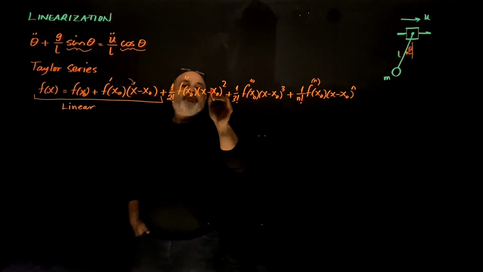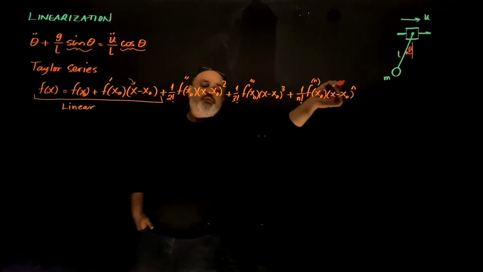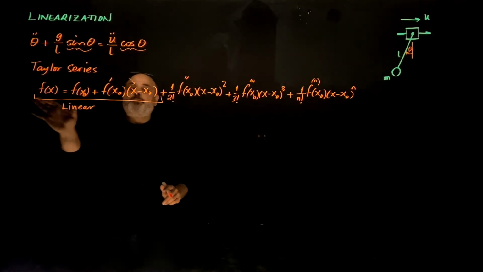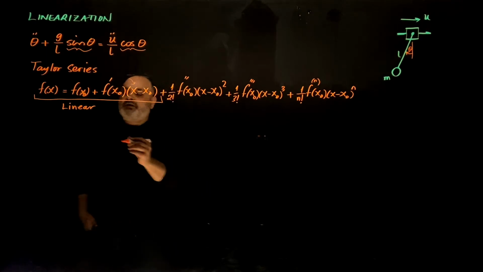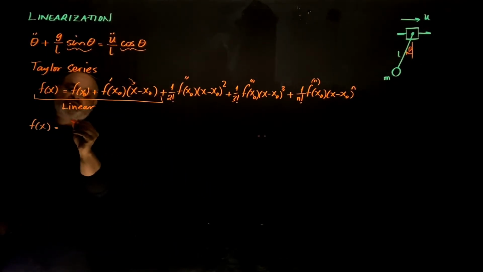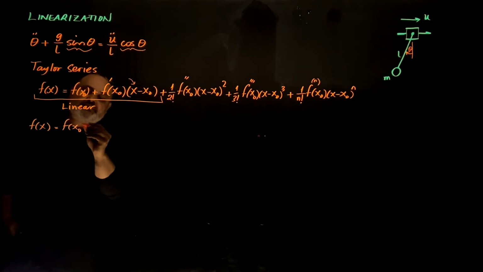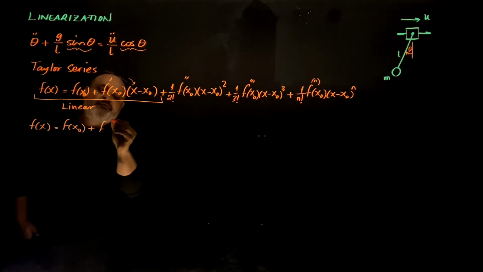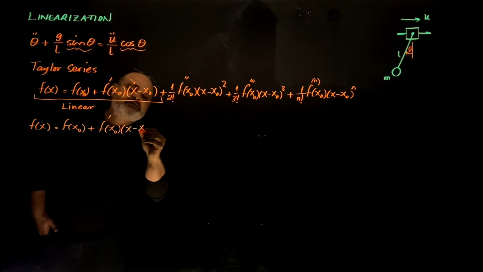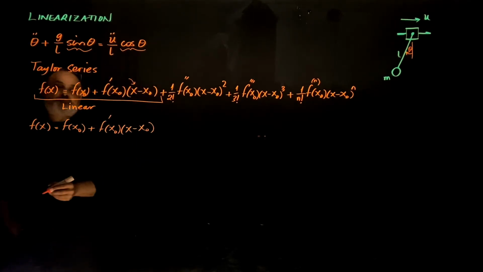In the second term here we will have x squared, x cubed, and so on. So f of x equals f at x0 plus f prime at x0 times x minus x0.